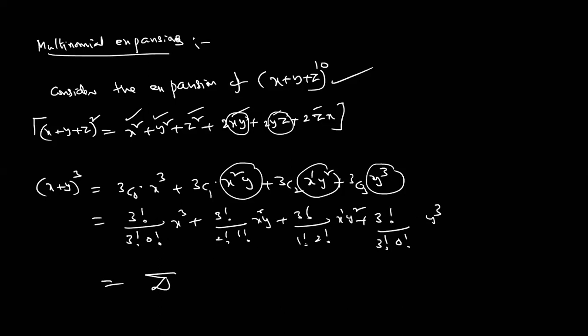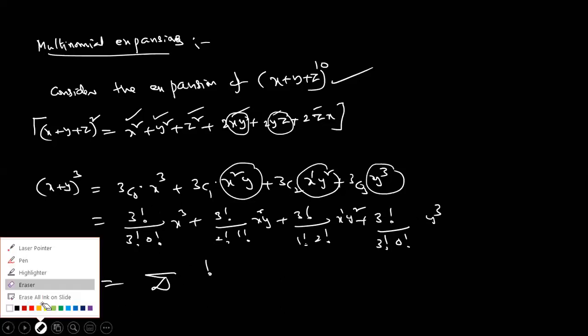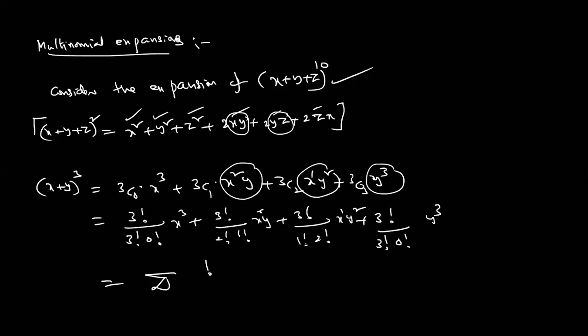Sigma completely, n factorial by alpha factorial into beta factorial. I can write like this. Accepting?